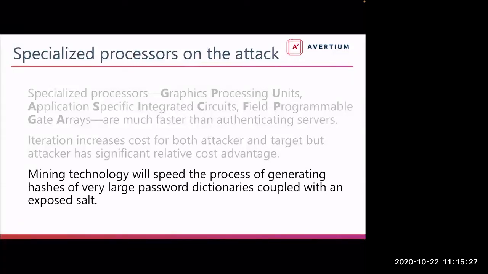And now I can set this problem in my mining software, and I can run very large password dictionaries. It doesn't have to be just the common ones like password and 1, 2, 3, 4, 5, 6, 7. I can use the uncommon ones, and I can be very specific to it by the fact that I can generate these exposed salts. It may take me a while, but if I can do 110 trillion hashes a second for a relatively small amount of money, then all of a sudden it becomes really worthwhile.